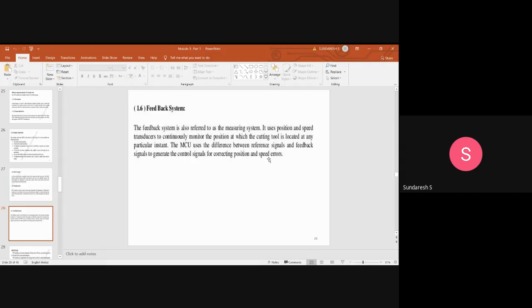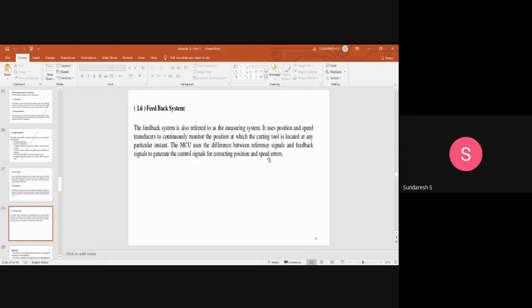for correcting position and speed errors. In the sense, while you are giving instructions, you might have given the machine tool the reference position of the tool and at what speed the tool has to rotate.